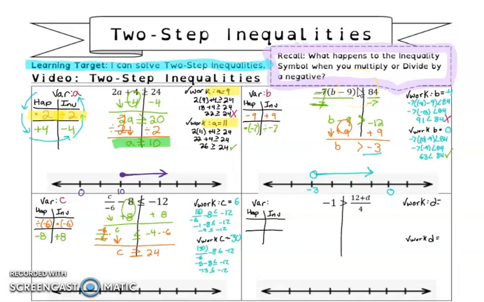Okay, I know because we're working with negatives, this gets a little confusing. But when we put 6 in, we get -9 is less than or equal to -12. Now let's think about that for a second, because when we think about 9 and 12, we're like, yeah, of course, 9 is less than 12, so of course that's right. But remember, we're talking about negatives. Is -9 smaller than -12?